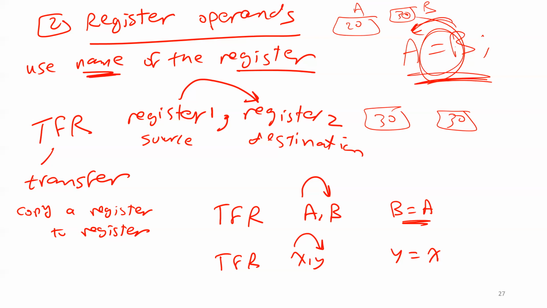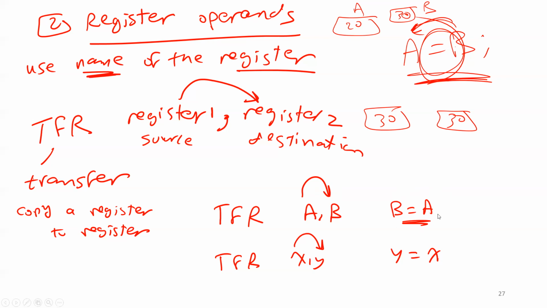The transfer instruction, as I'm going to explain later, copies a register to another register. So if my operand is a register, how can I do that? That's a very easy case. All you have to do is write the name of the register. For example, if I say transfer A comma B, it means I want to copy A to B. So that means B should equal A. We don't have equal in assembly, guys.